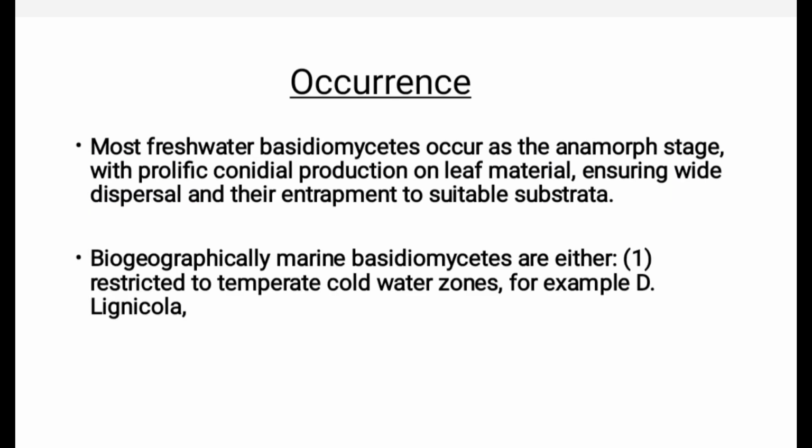Occurrence. Most freshwater basidiomycetes occur as an anamorph stage with prolific conidial production on leaf material, ensuring wide dispersal and their entrapment onto suitable substrata. Biogeographically, marine basidiomycetes are restricted to temperate cold water zones, for example, Nia.